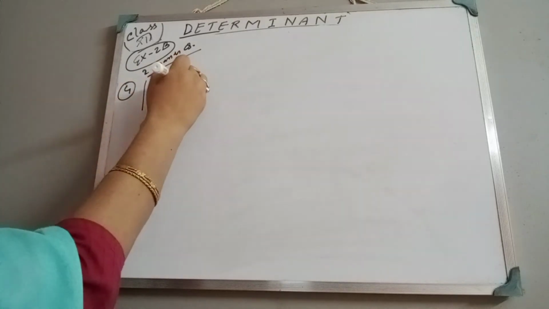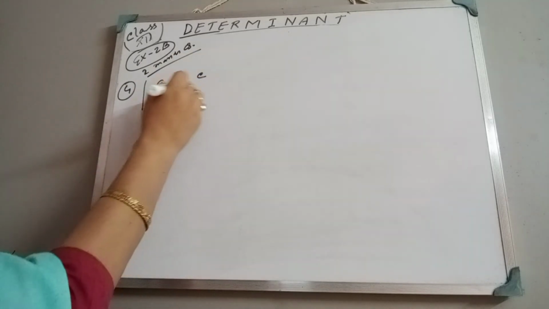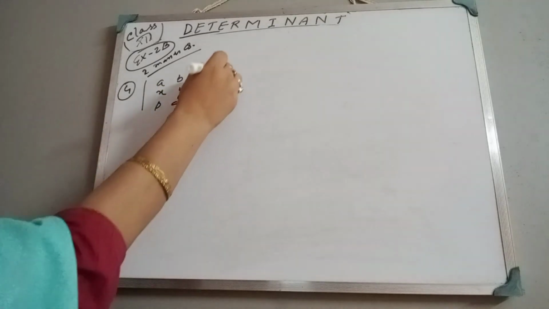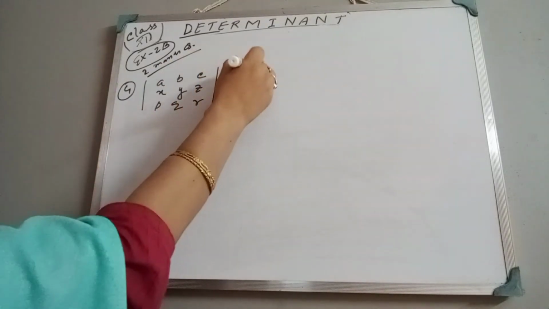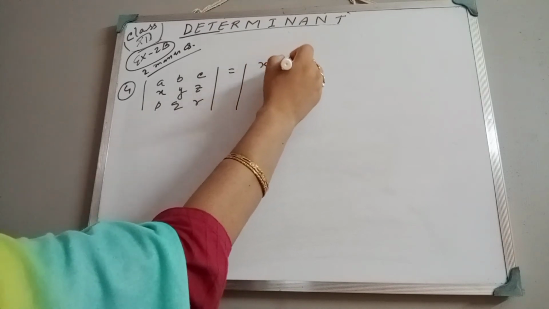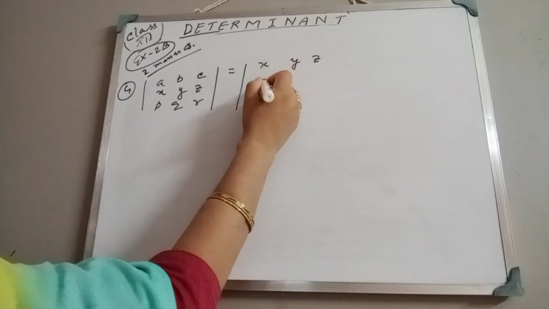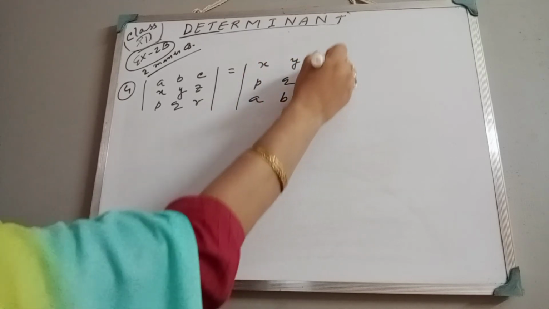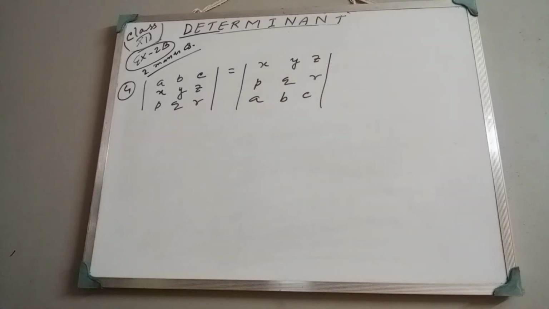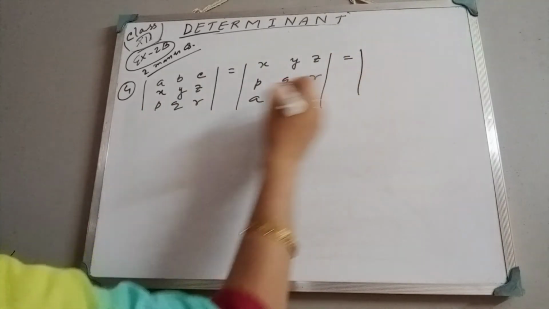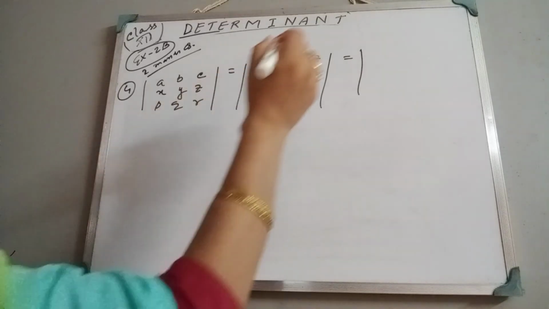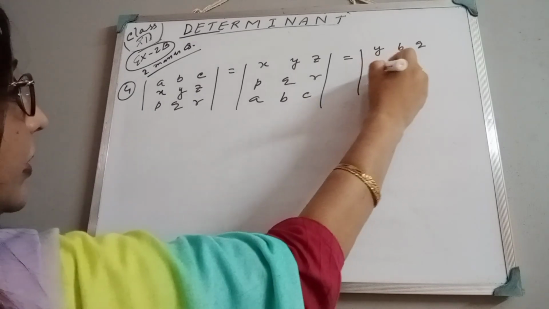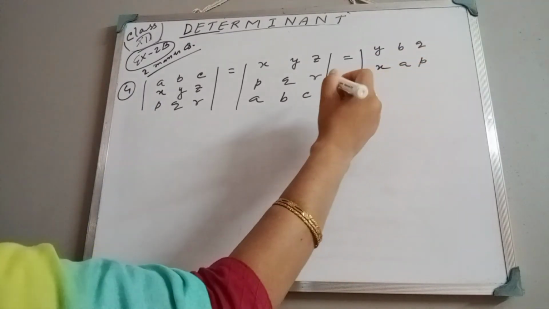The determinant with rows A B C, X Y Z, P Q R is equal to the determinant with rows X Y Z, P Q R, A B C, and also equal to the determinant with columns first column, next Y B Q, X A P, Z C R.